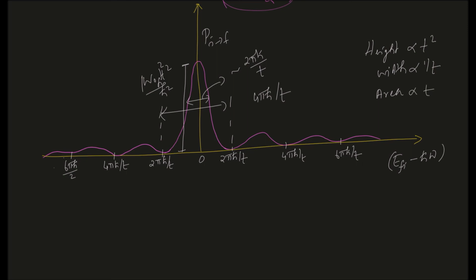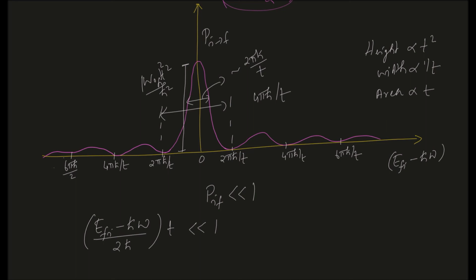So the perturbation theory is valid, as I mentioned in the previous case, when this probability is far less than 1. Okay, so as long as t is small enough such that this quantity (E_f - E_i - ħω) by 2ħ into t is far less than 1.